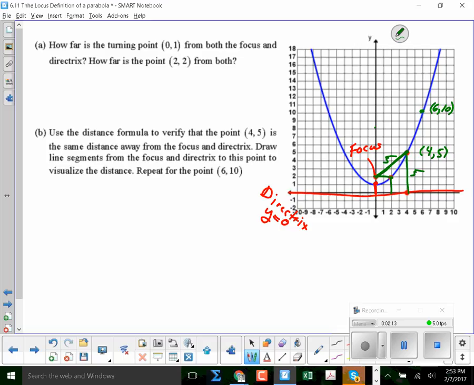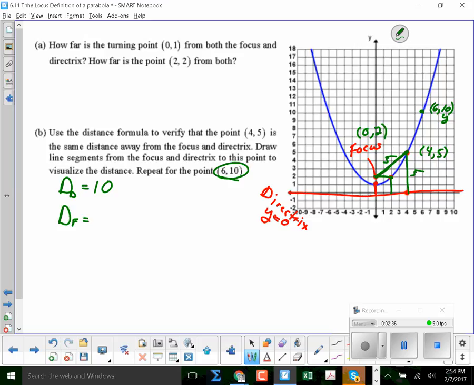So if I want to find the distance away from the directrix, that's easy, it's just the y coordinate. So for 6, 10, the distance from the directrix is 10. Now the distance from the focus, we're going to have to use the distance formula. The focus is at 0, 2.